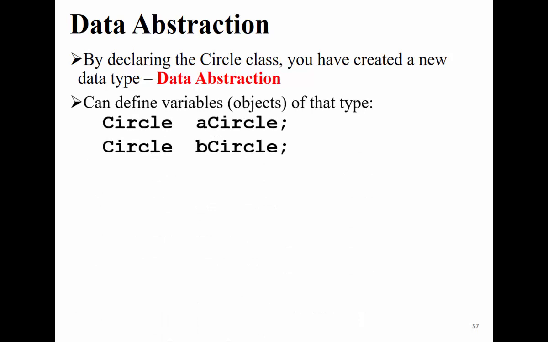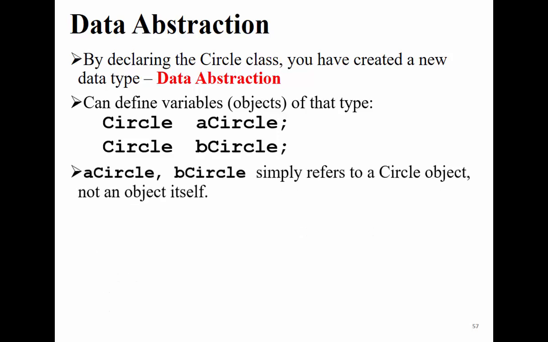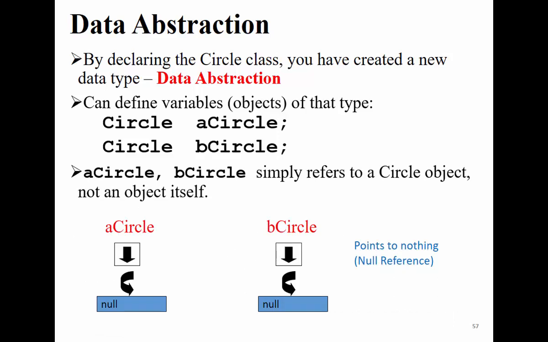So I can say Circle aCircle, Circle pCircle. I create two variables, aCircle and pCircle, of type Circle, because I created my own data type. Right now, these are referring to nothing.